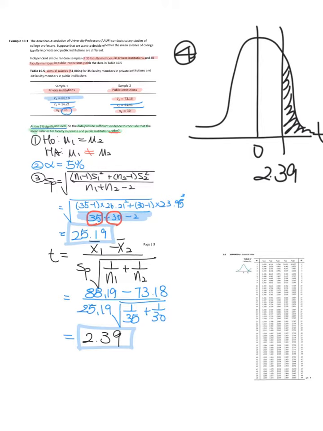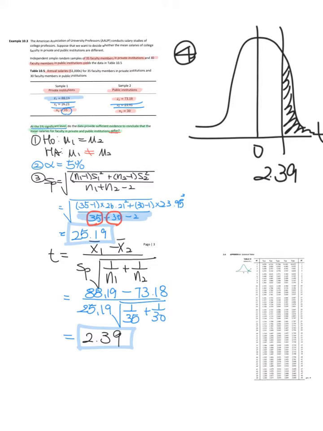Can you add 34 and 29? It will be 63. The denominator here in Sp, Sp means the pooled standard deviation. What was the name of this procedure?